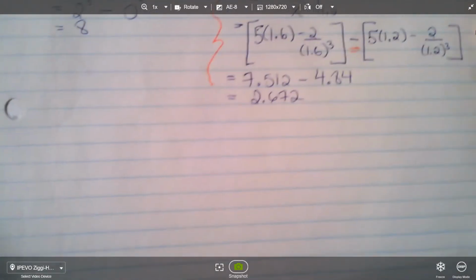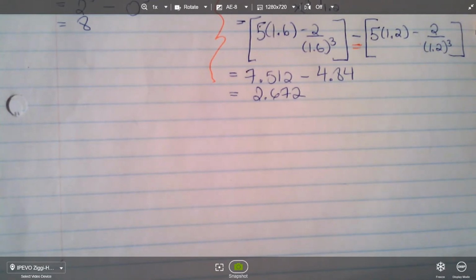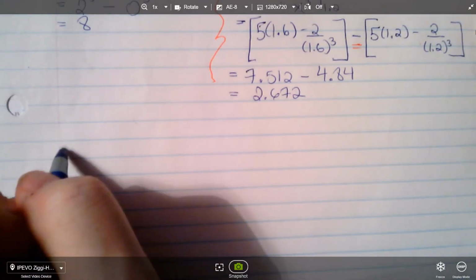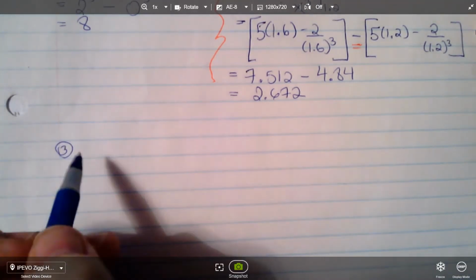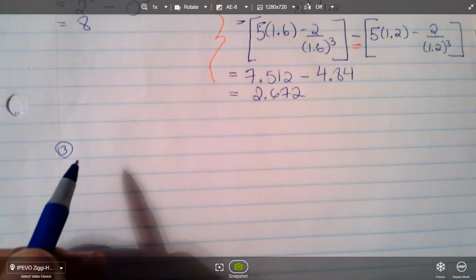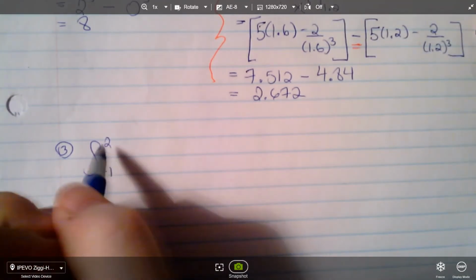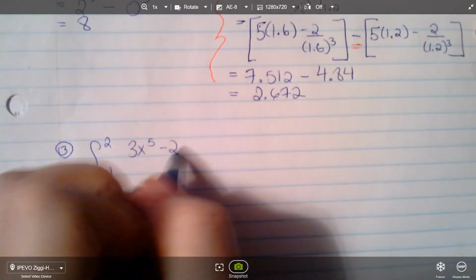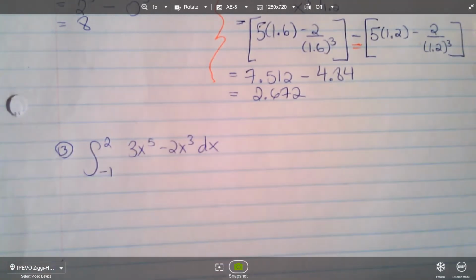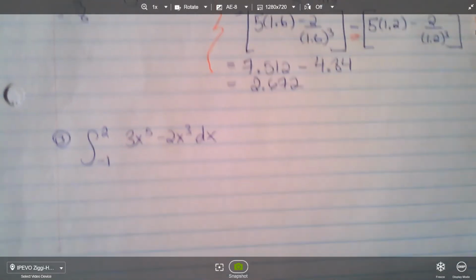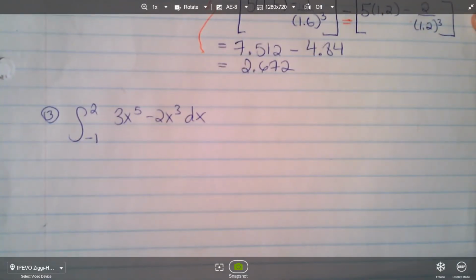Alright, let's try again. We're going to do 4 examples and the 2 last applications. Alright, so again, integrate, nothing new there.